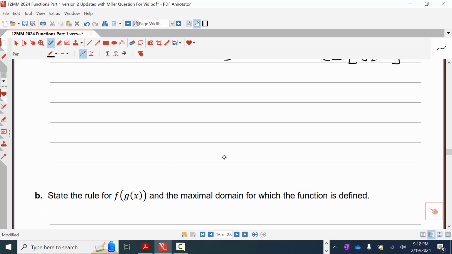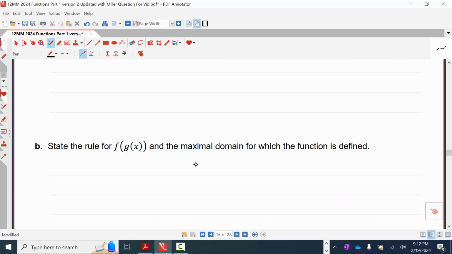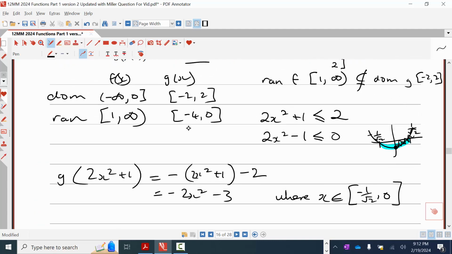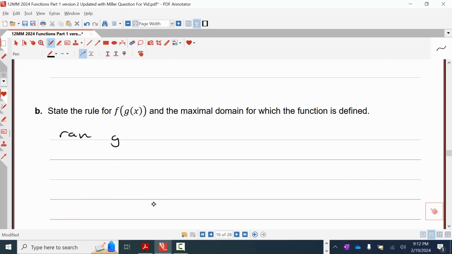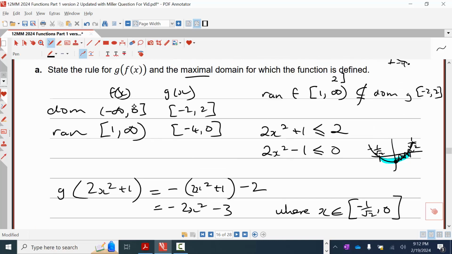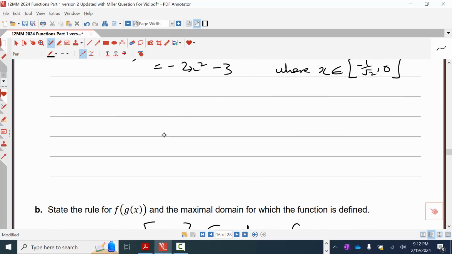So let's do ran g, the range of g, which is negative 4 to 0. It has to be a subset of the domain of f, which is negative infinity to 0.